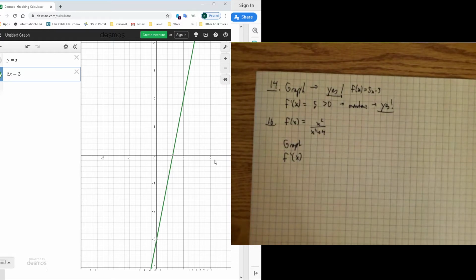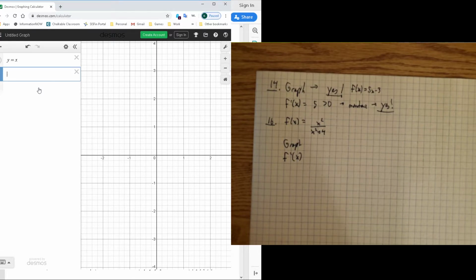Let's look at the graph first. To do the graph, I need the function written down. The function is x squared divided by, and on bottom, x to the second plus 4.